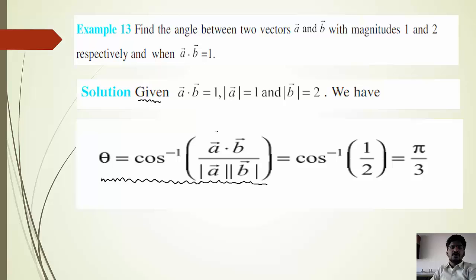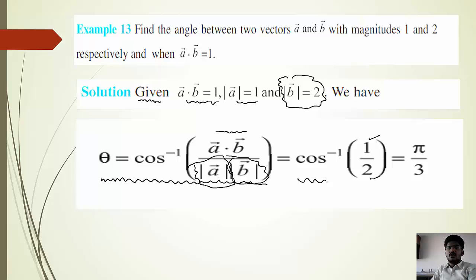So in the place of A dot B, what are you going to write? A dot B equal to 1. In the place of magnitude of A, you write the value of magnitude of A, that is 1. In the place of magnitude of B, you write the magnitude of B, that is 2. So A dot B is 1, and magnitude of A into magnitude of B will be equal to 2.